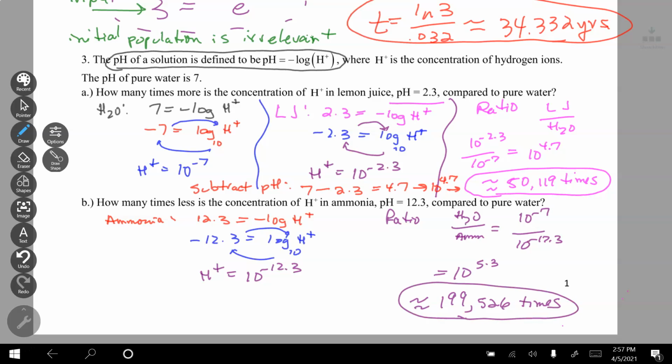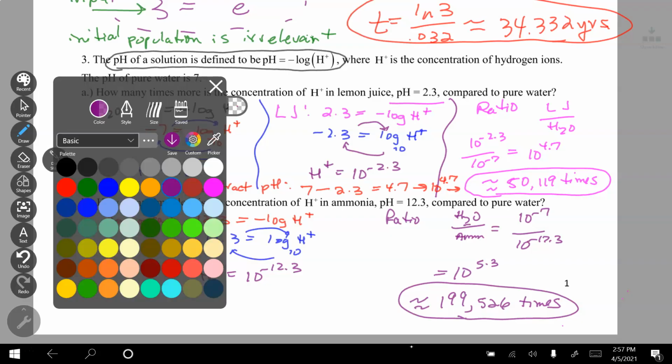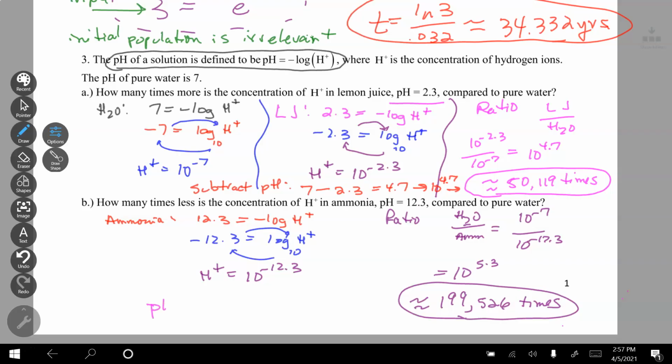So water has 200,000 times more hydrogen ions than ammonia. Or by subtracting logs, subtracting pHs, I could have done 12.3 minus 7, you get 5.3, and I could have done 10 to the 5.3, and I get my number, about 200,000. That's the way pH values work.